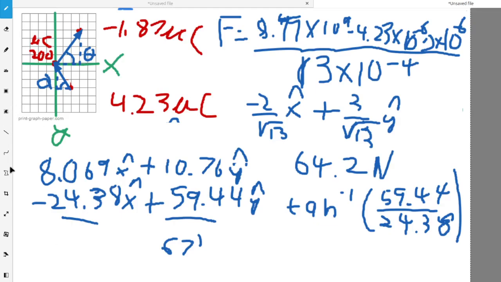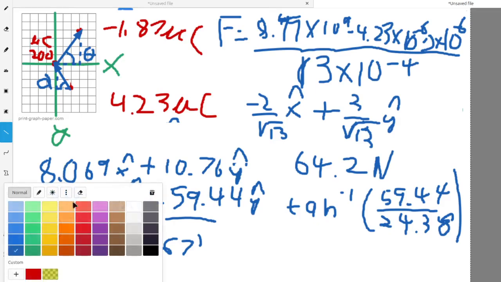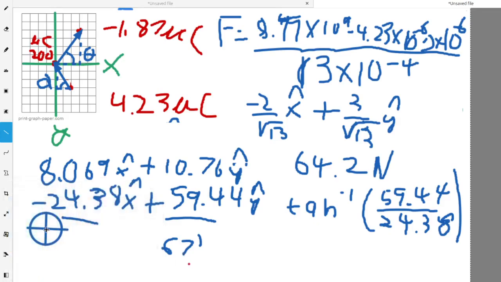If we have a circle, the angle that we're looking for is going to be here, if it's negative in the x and positive in the y.